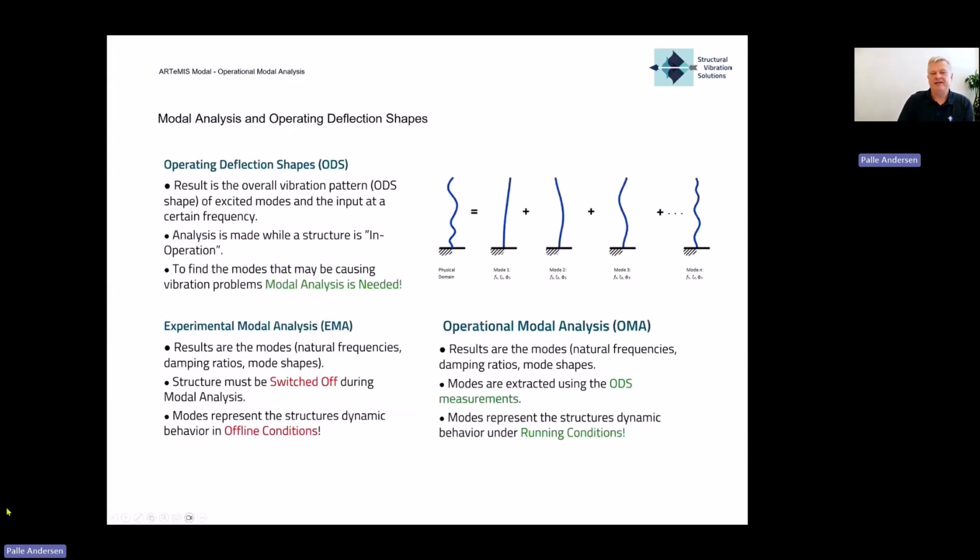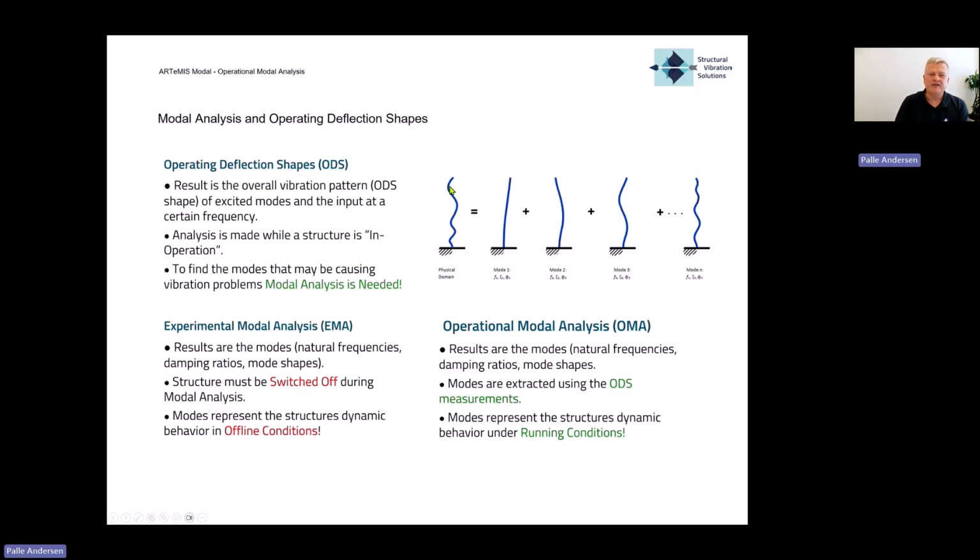There are different tools, but they're all in some way associated with each other. When you study the physical behavior of a structure, we do that with operating deflection shapes analysis, where we look at how the modes combined give us a vibration pattern at either a particular frequency or over a period of time.